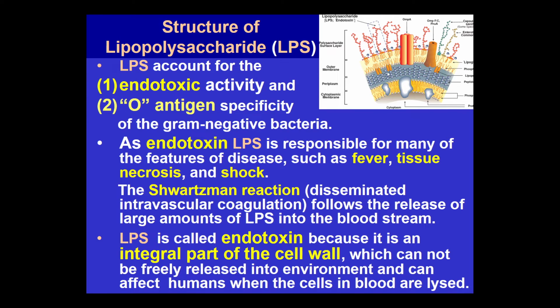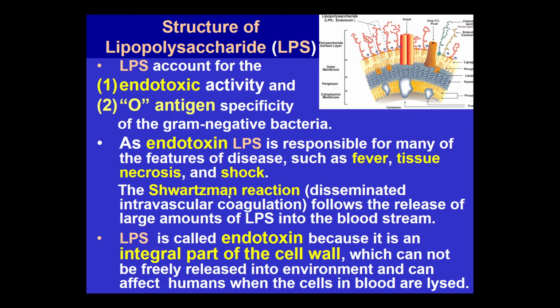The endotoxin is responsible for many of the features of the disease, and it is responsible for inflammation in the body caused by gram-negative bacteria, and as a result there will be fever, tissue necrosis, drop of blood pressure due to increased permeability of the blood vessels, and endotoxic shock.